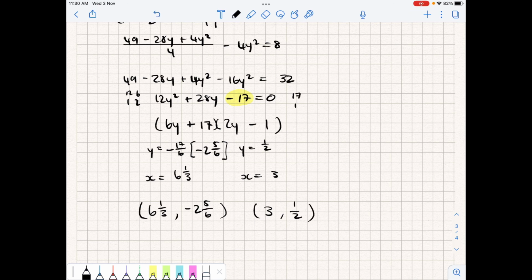Okay, so again, importantly, if we aren't specifically told to only give x coordinates, we solve for both coordinates, and we can simplify that or make it neat by writing them together as a set of coordinates.